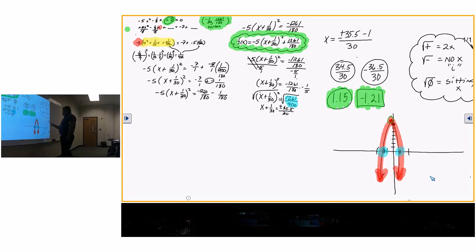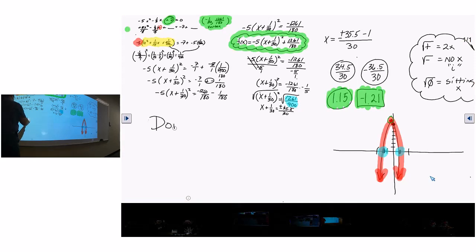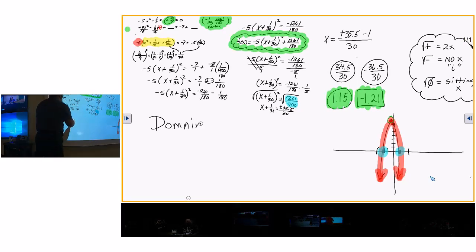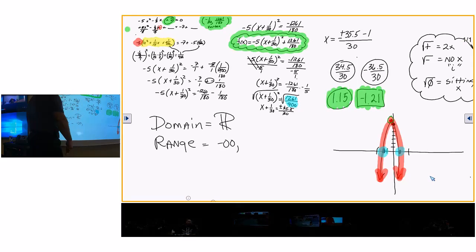Domain on all of these is going to be all real numbers, so if you get the domain wrong, do not tell anybody after the test, because then you're hanging a sign around your neck that says, I have no idea what I'm doing. Domain is equal to all real numbers. The range is from negative infinity to the y of my vertex, which is negative 1261 over 180.